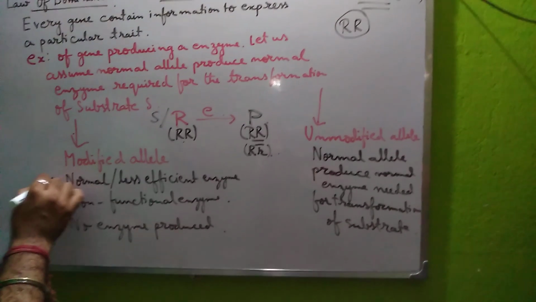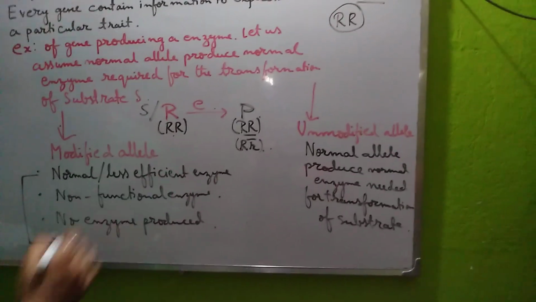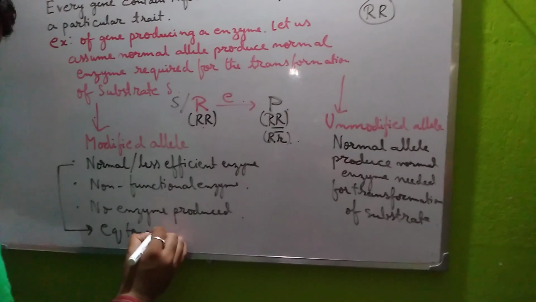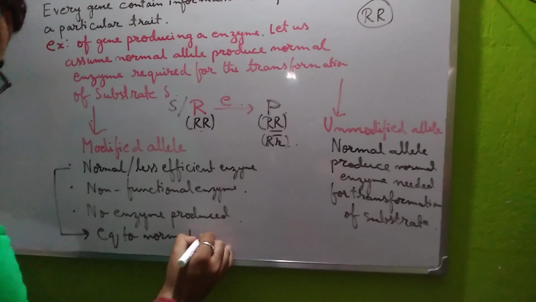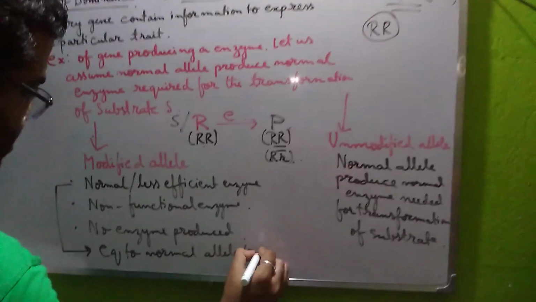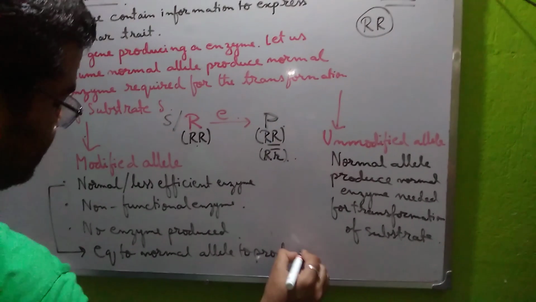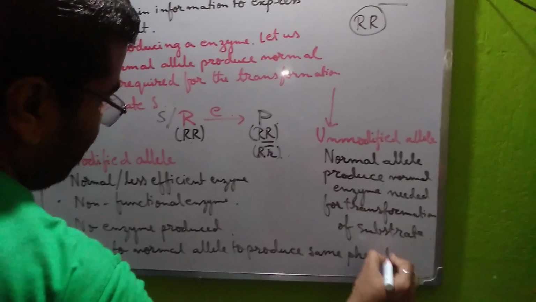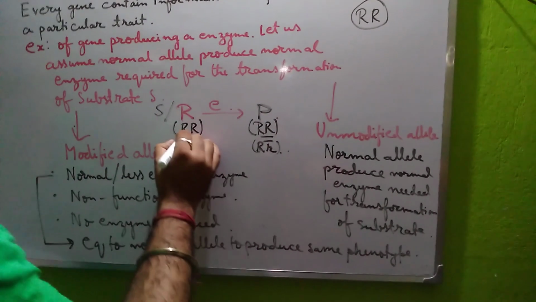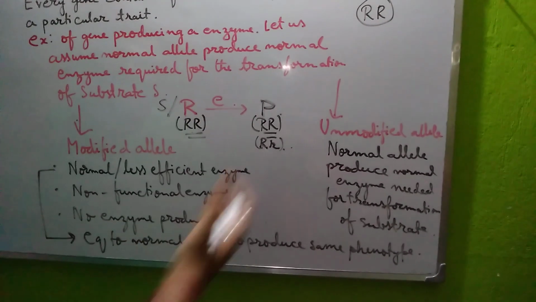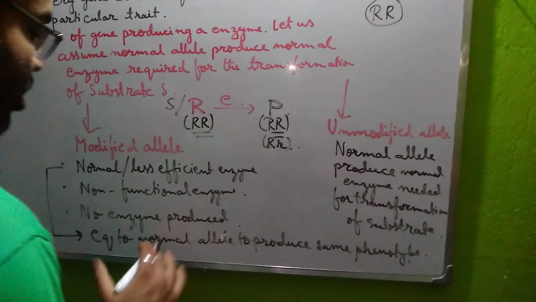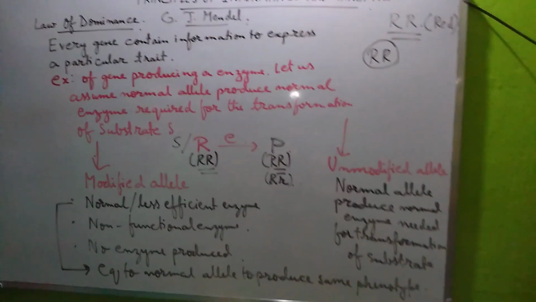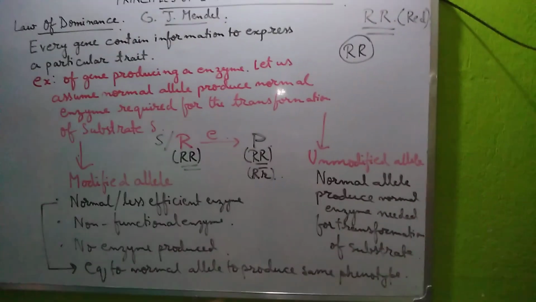A normal or less efficient enzyme is equivalent to a normal allele, producing the same phenotype, means whatever I had got in the beginning, after it has been modified, it remains almost the same. Means the phenotype that I will be getting will be the same. There is no change in that.